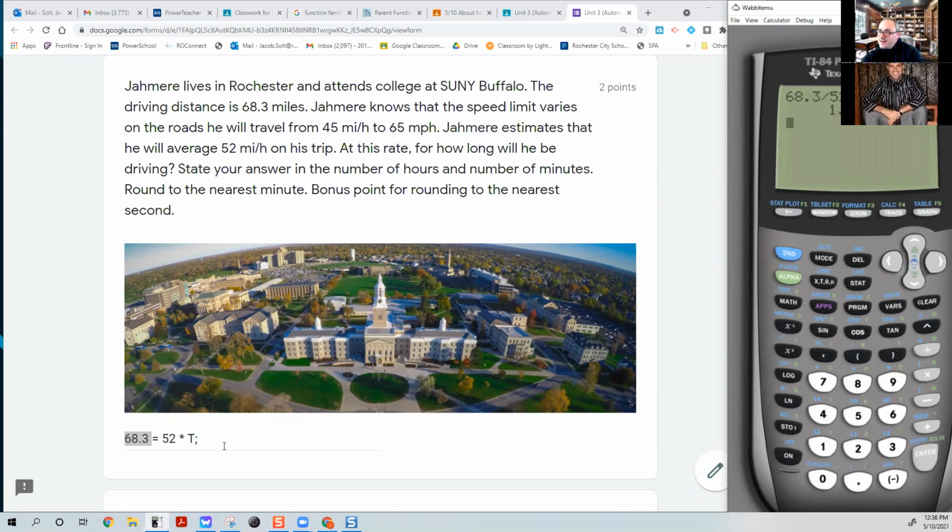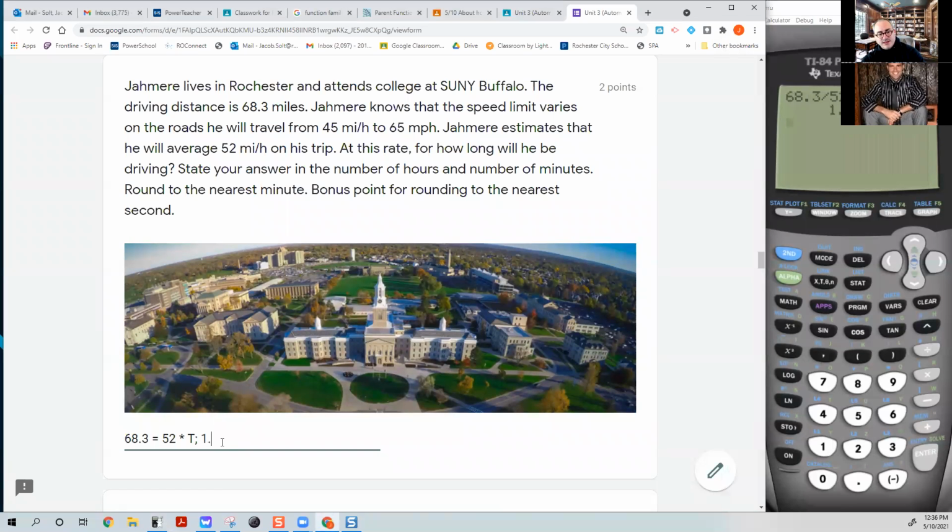So it's going to be 1.31 and some change. 1.31 hours. I need to convert that into minutes. How do I do that? Converting 1.31 hours into hours and minutes.